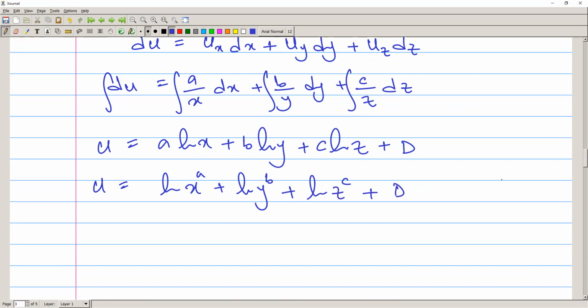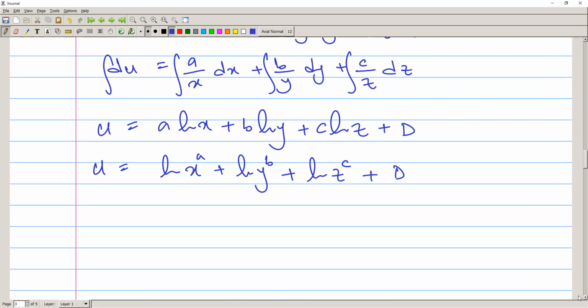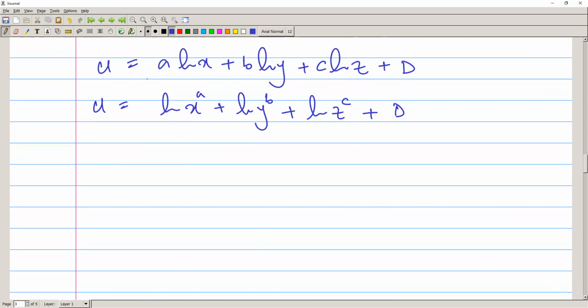I use the laws of logarithm to shift these coefficients to the power of x. So now I will use another property of log, that is log x plus log y plus log z is equal to log xyz. So I can write it as a multiple of these functions. Right?